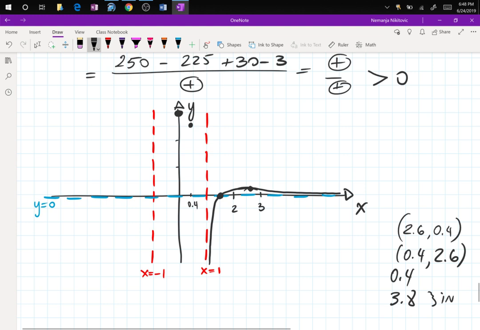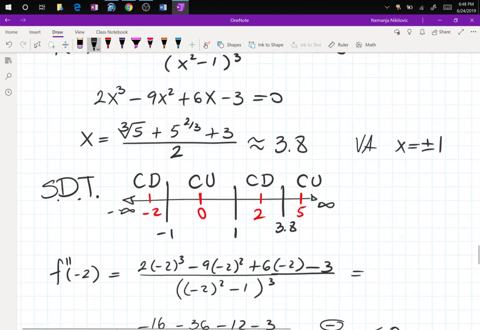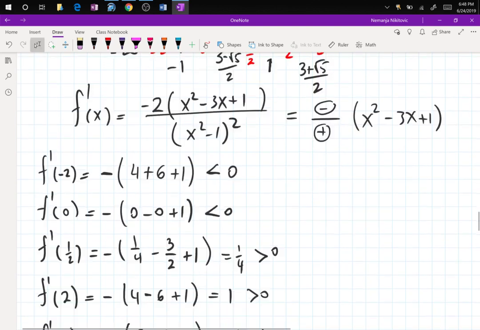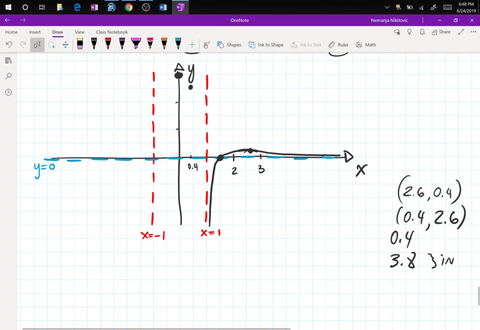Prior to the -1 asymptote, we have concave down and decreasing. The only two you can draw are one on top and one on the bottom. One on top is increasing, the one on the bottom is decreasing. So that's why we do the first derivative test. We know it's the one on the bottom.